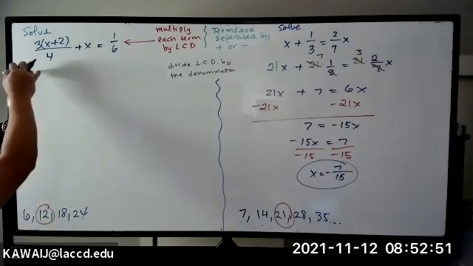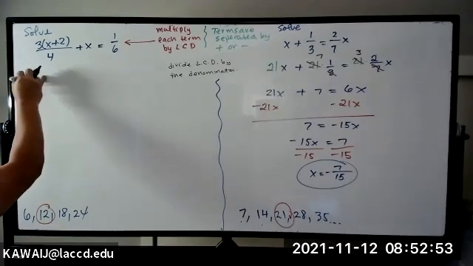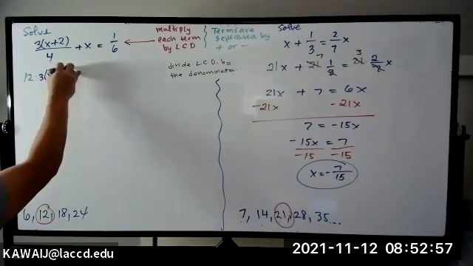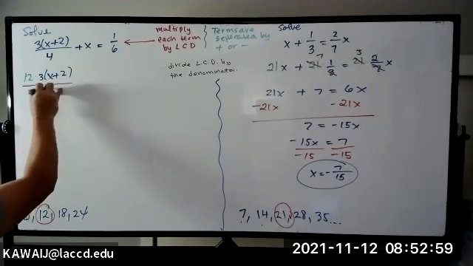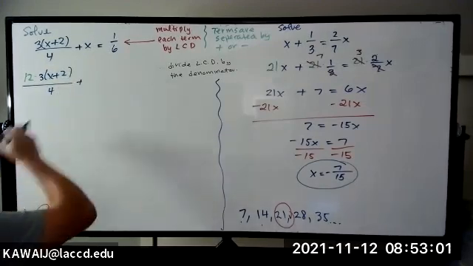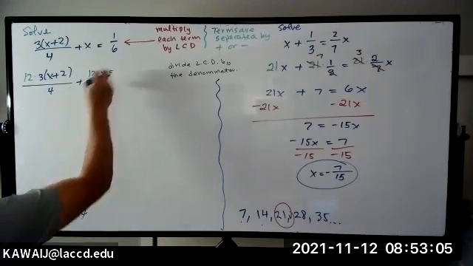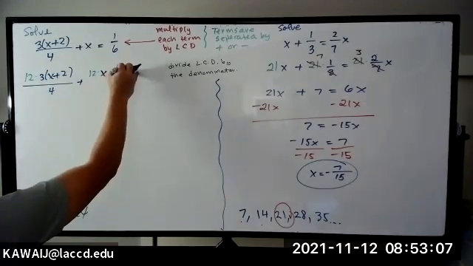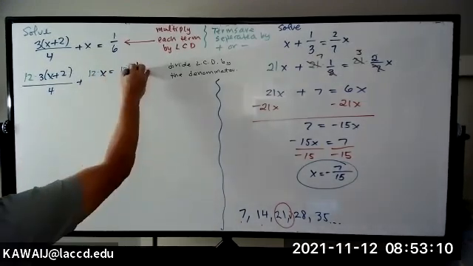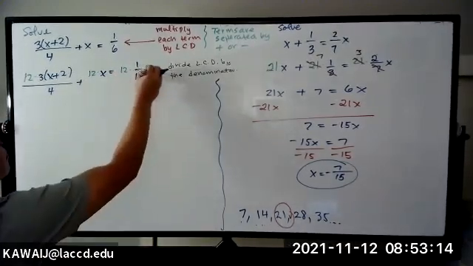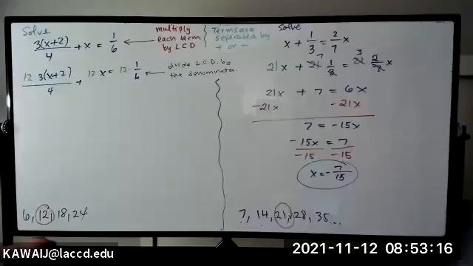I'm going to have 12 times 3 plus 12 times 1. Time to copy.